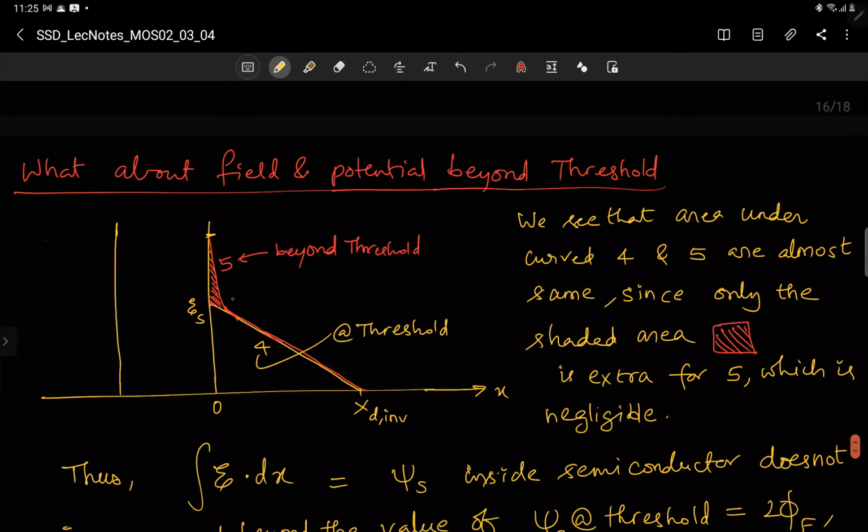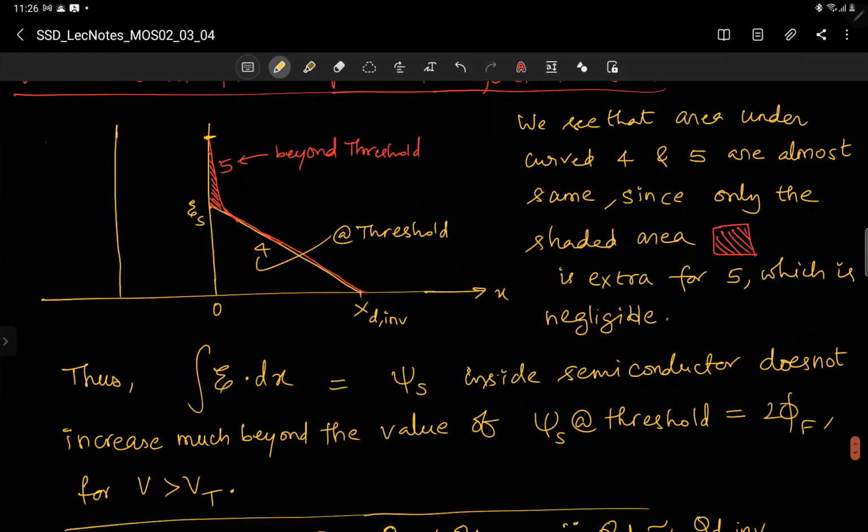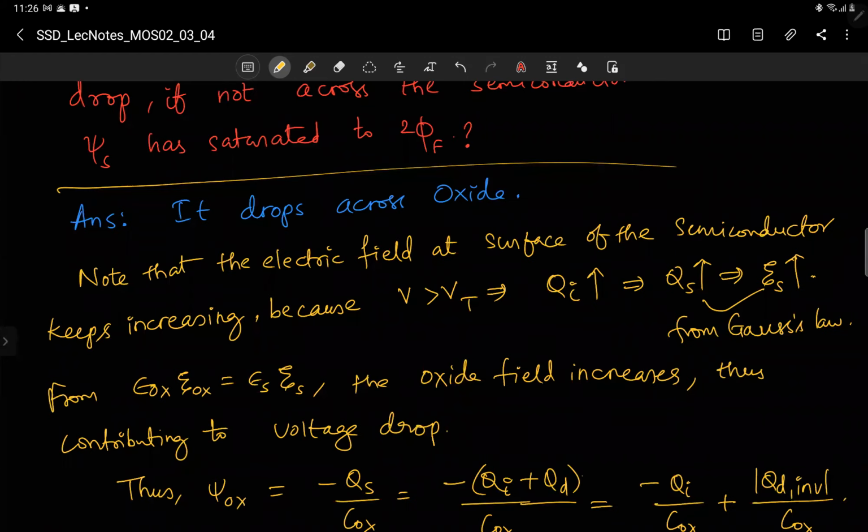The total potential drop has not changed because the area under the curve is negligible. The area of the shaded region is negligible, but not the actual electric field value at the surface. The actual electric field value at the surface is given by the total charge, which has increased because QI has joined now. Inversion charge has come into the picture. So the electric field has increased even though the potential drop has not changed.